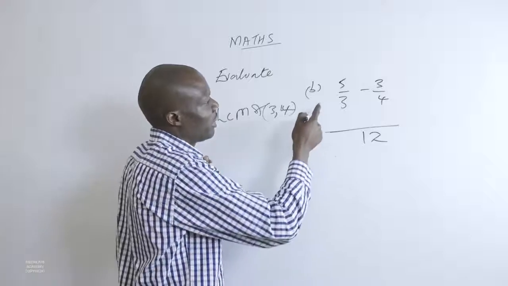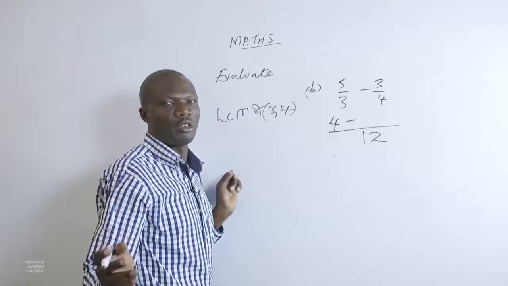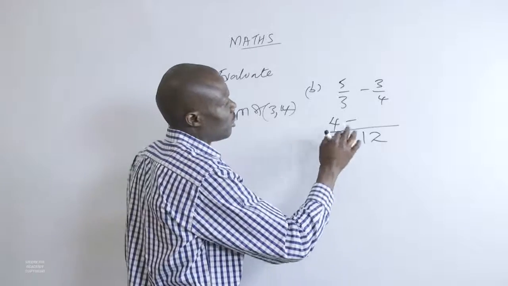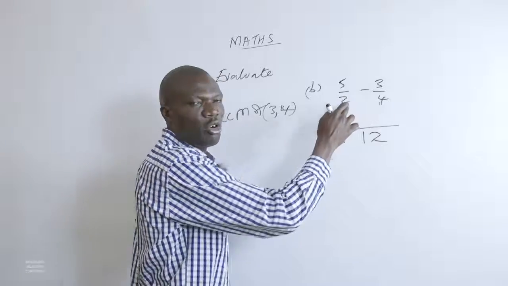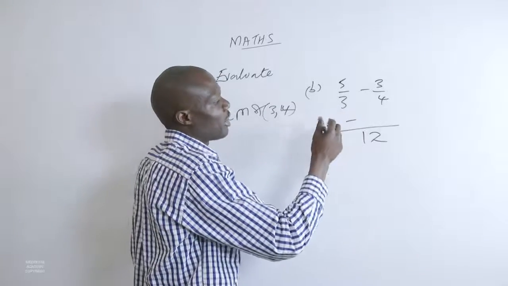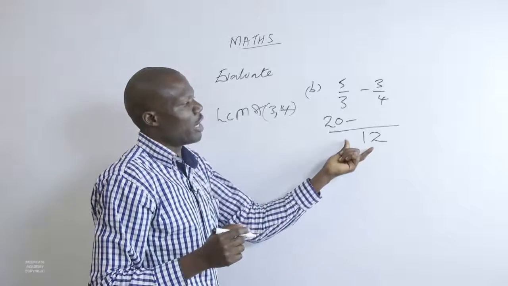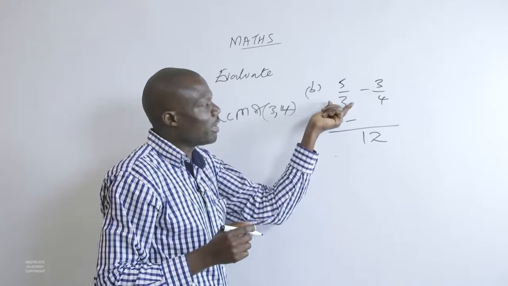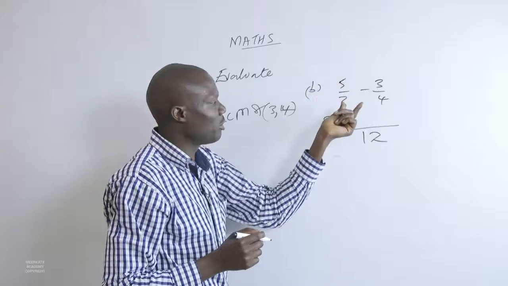12 divided by 3 is 4. 4 multiplied by 5 gives us what? 20. I'll repeat. If the LCM is 12, divide by the denominator of the first fraction and multiply by the numerator.